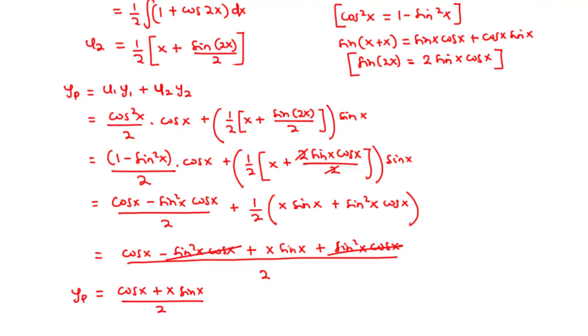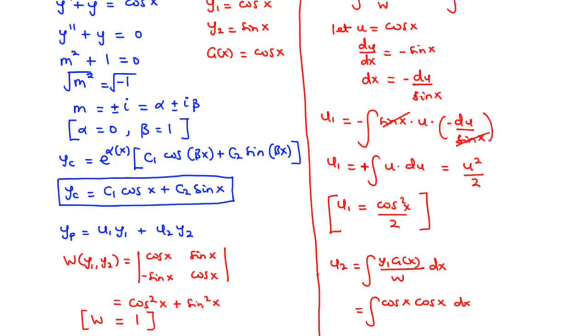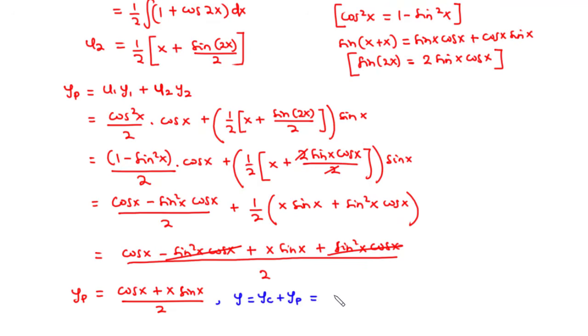Now we know that the general solution is given by y equals yc plus yp. So we have yc equal to c1 cos x plus c2 sin x, and then plus yp. Now we can express yp as 1 over 2 cos x plus 1 over 2 x sin x.